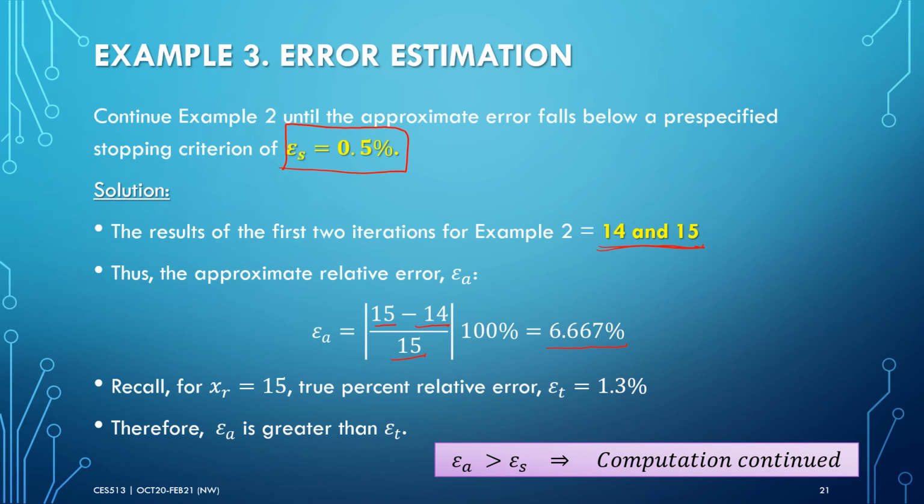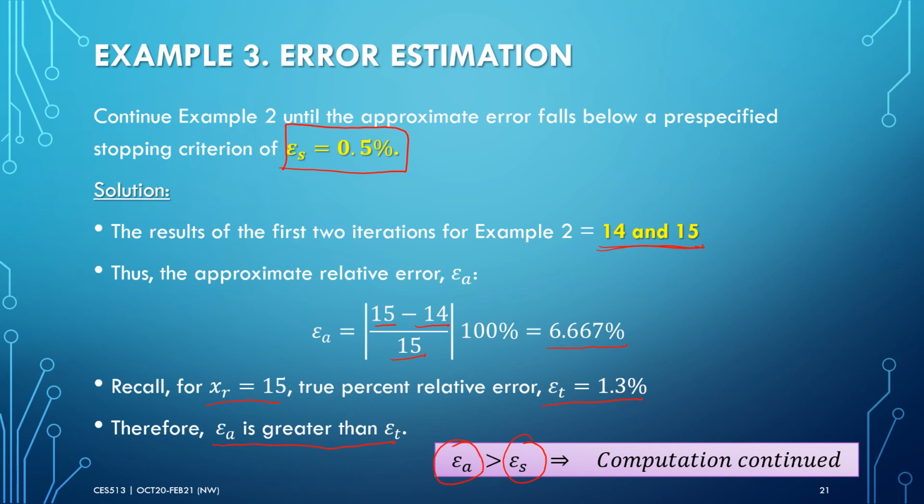Recall that for the estimated root of 15, the true percent relative error is 1.3%. So we can see that the approximate relative error is greater than the true error. And if we check with the stopping criterion, epsilon s, the approximate relative error is still greater than the stopping criterion.